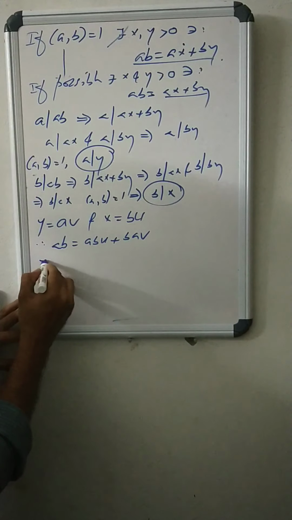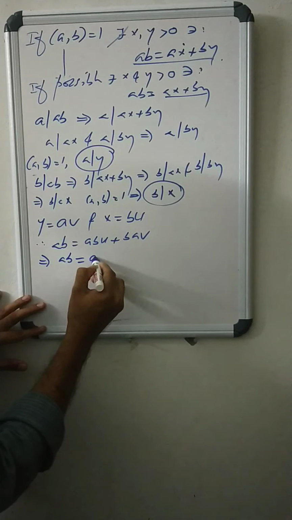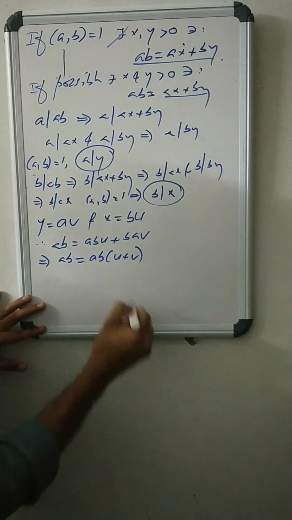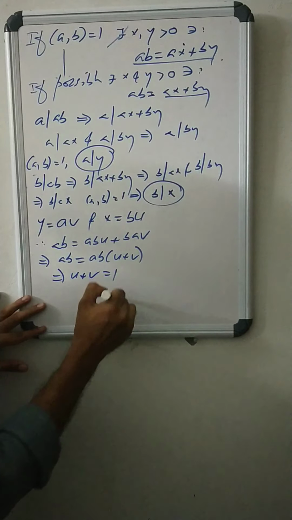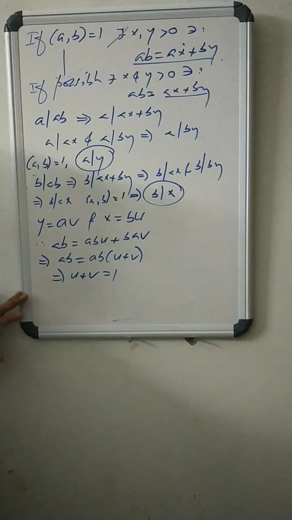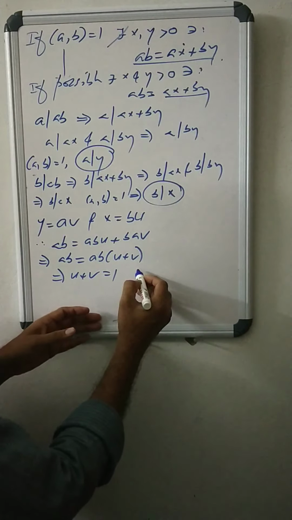That means ab equals ab into u plus v. Cancelling ab, u plus v equals 1.